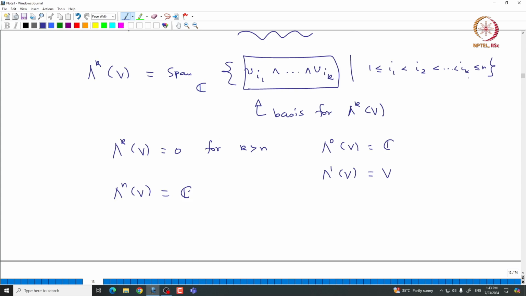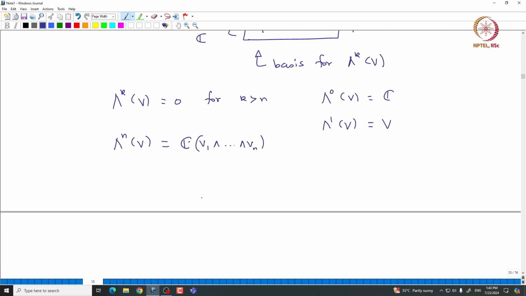You have to choose k to be n, and if you are choosing n distinct elements from 1 to n, there is only one choice. So, this must be the one dimensional space spanned by V 1 wedge etcetera wedge V n.